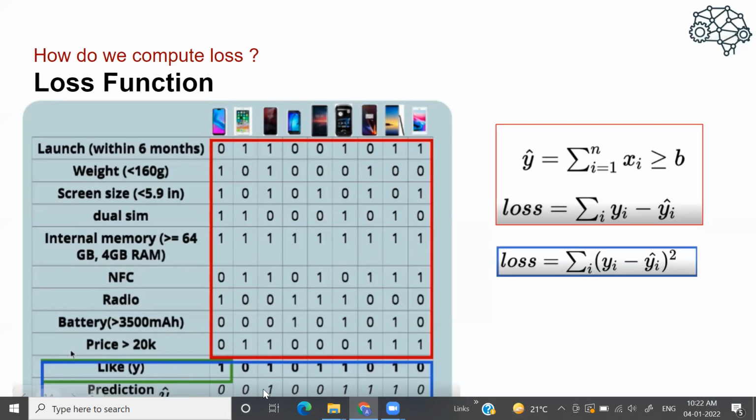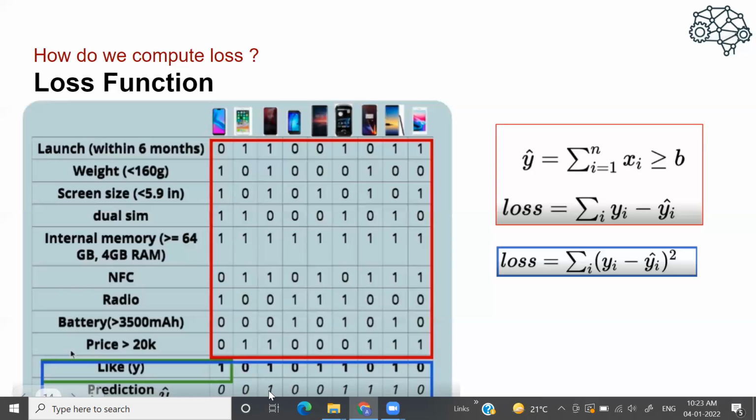Now how would you come up with a decision that this particular model is good or bad, right? You need to come up with some metric, right? Then only you can judge the performance of the model. Now one thing to note here, till now we haven't learned how to train a model.